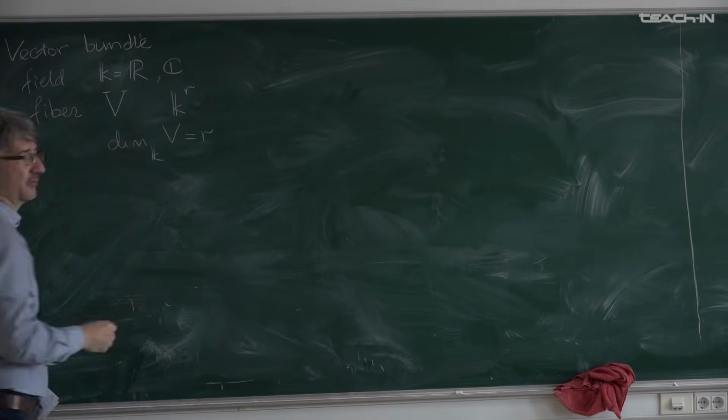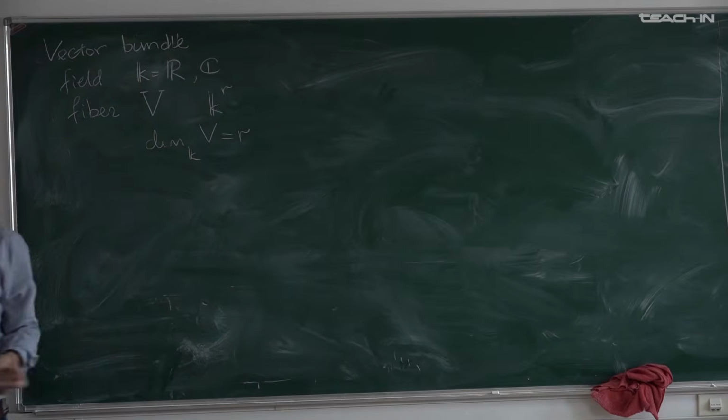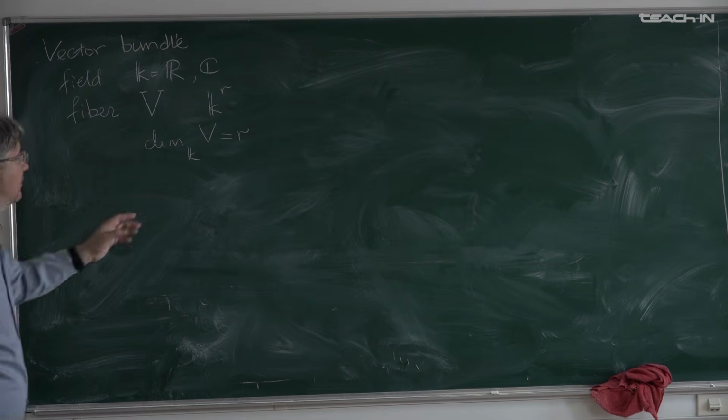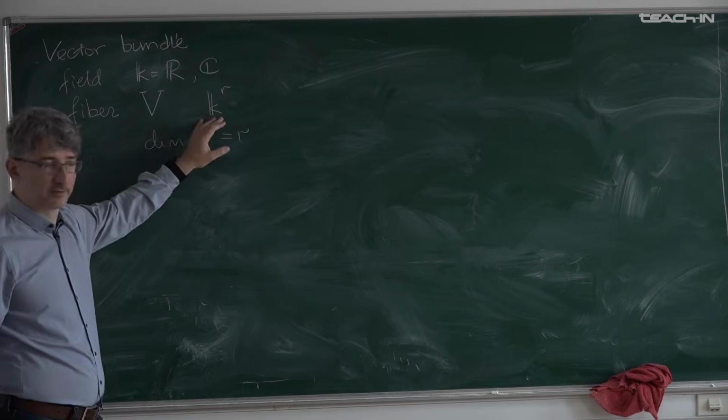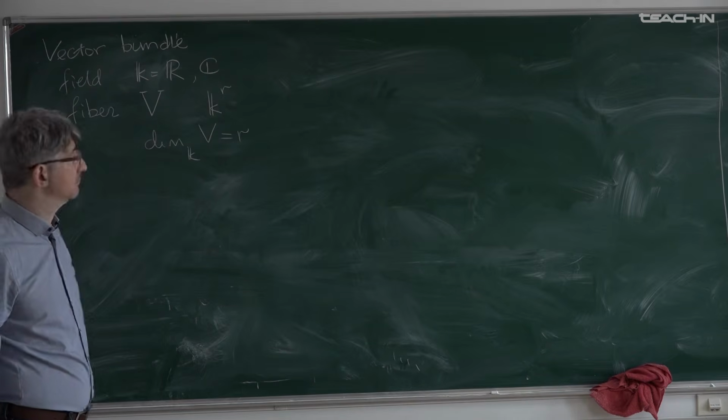What is the difference between these two notations? Very simple. If I write V, it means that I don't want to pay attention to a specific basis in this space. If I write this, then I know that in this space some basis is fixed.